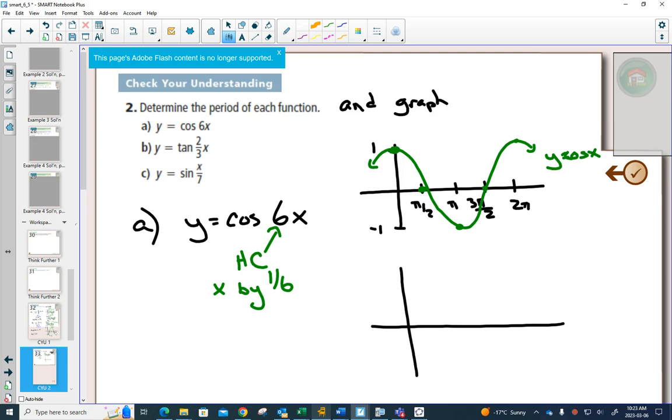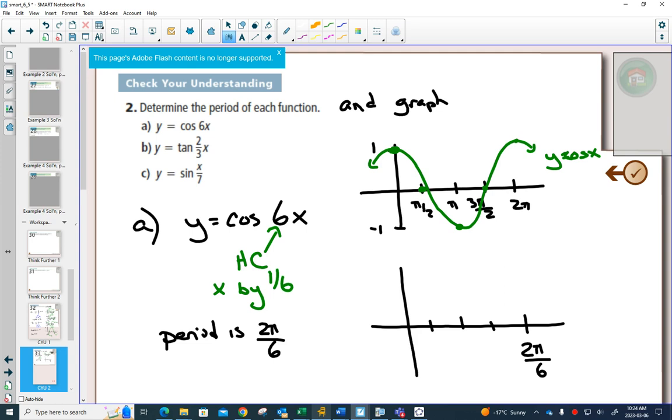If the normal period is 2 pi and we're compressing this horizontally by 1/6, can you see that our new period, if the normal period was 2 pi and you multiplied everything by 1/6, now your new period will be 2 pi divided by 6. And you could reduce that to pi over 3, but I'm just going to leave it as 2 pi over 6. If that's your new period, just like your axes family was divided into 4 equal sections, you can divide this into 4 equal sections.